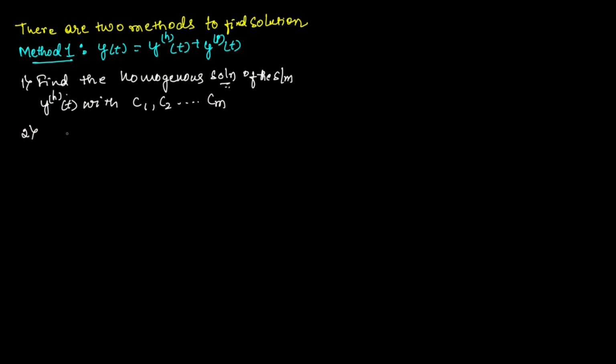The second step is to find the particular solution yp of t and estimate the constant k.